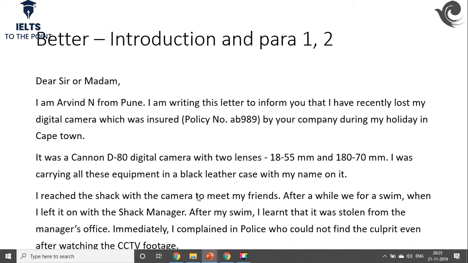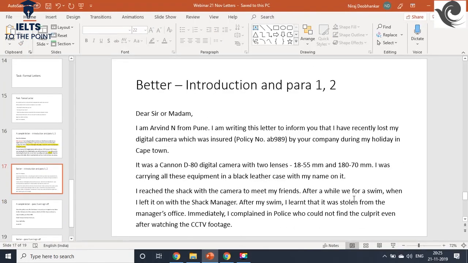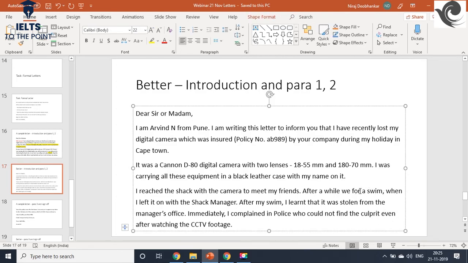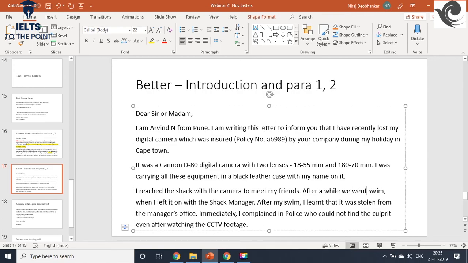I reached the shack with the camera to meet my friends. After a while, we went for a swim.